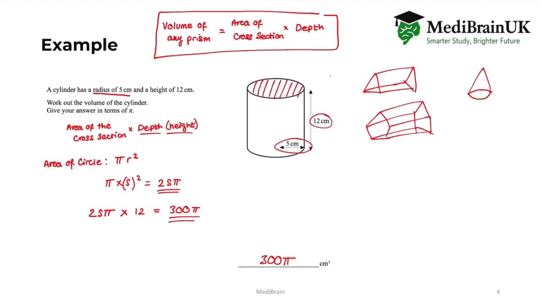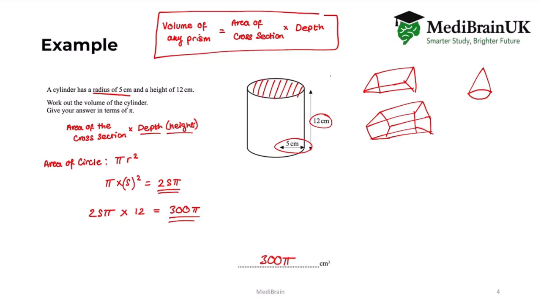Okay, for anyone that has a question on this one, you're saying that there's two circles. For the volume, it doesn't matter how many circles there are. It only matters that you're working on the area which is inside the shape. If you're working on the surface area of the shape and not the volume, then you would have to add the areas of the two circles together before you work out your surface area.